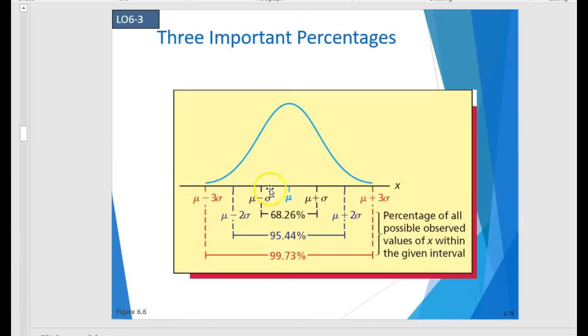And here's another slide that shows us the empirical rule: plus or minus 1 standard deviation, 68% is going to be in there, plus or minus 2 standard deviations, 95%, and then plus or minus 3, 99.73%.